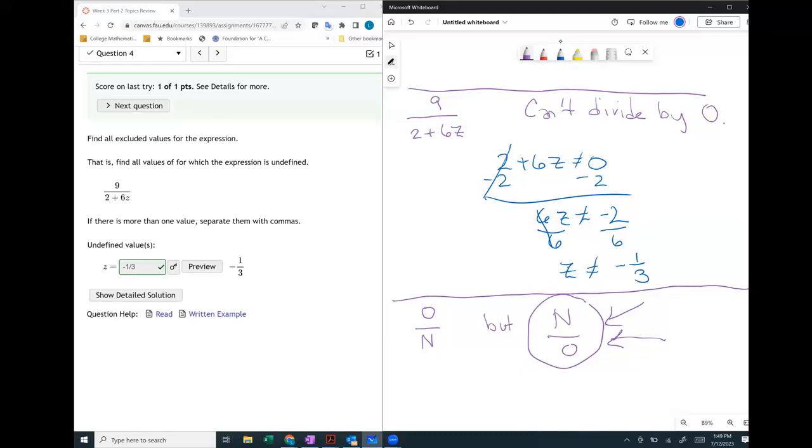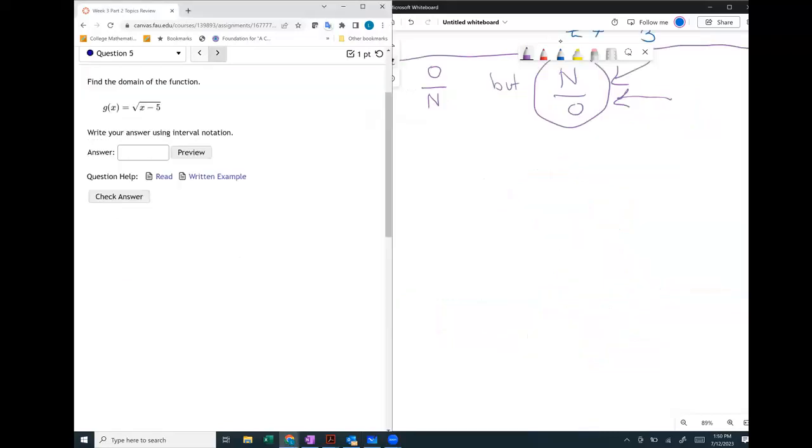The numerator can be anything. If the numerator is 0, it doesn't matter. I can divide 0 by anything. What's 0 divided by 100? 0, right? So what we want to do when we are looking for domains is look first for what values are excluded.